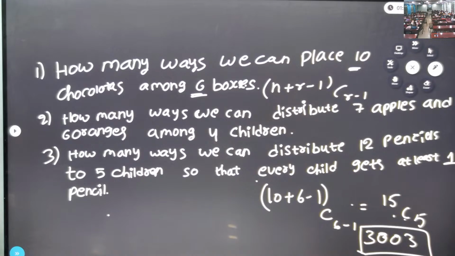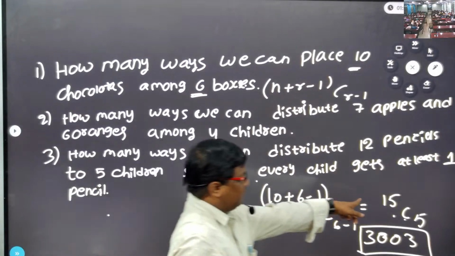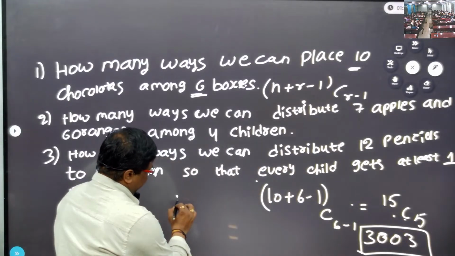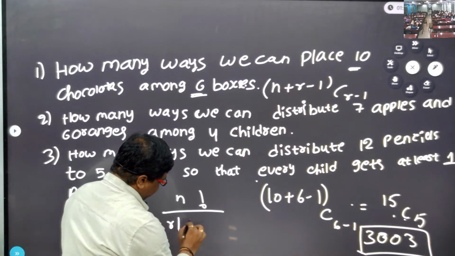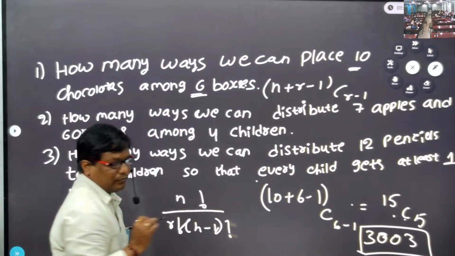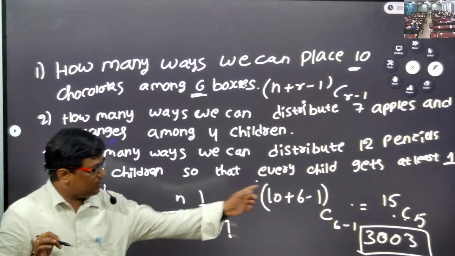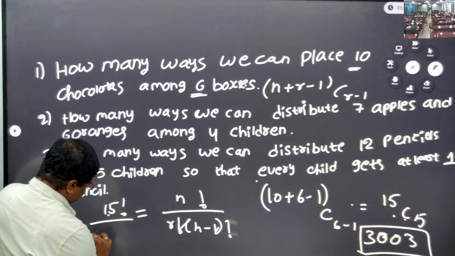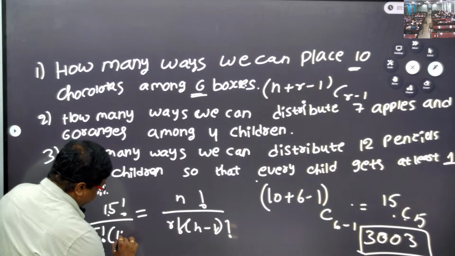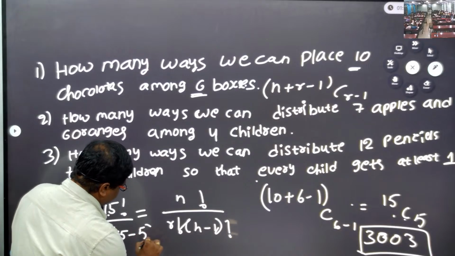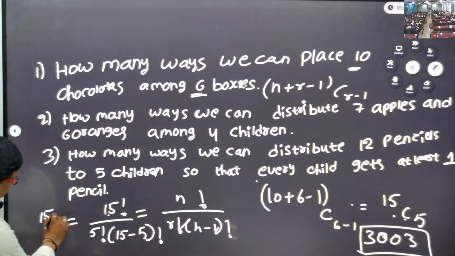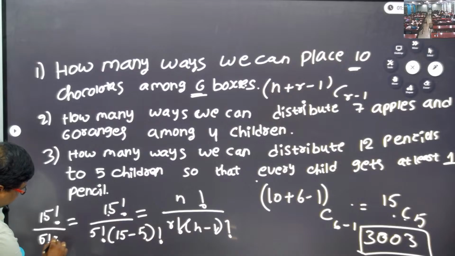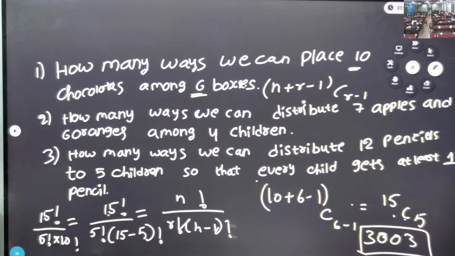The formula which we are going to substitute is the nCr formula, that is n factorial by r factorial into n minus r factorial. Substituting the values, 15 factorial by 5 factorial into 15 minus 5 factorial, which implies 15 factorial by 5 factorial into 10 factorial. If you simplify this, you will get that particular answer, that is 3003.